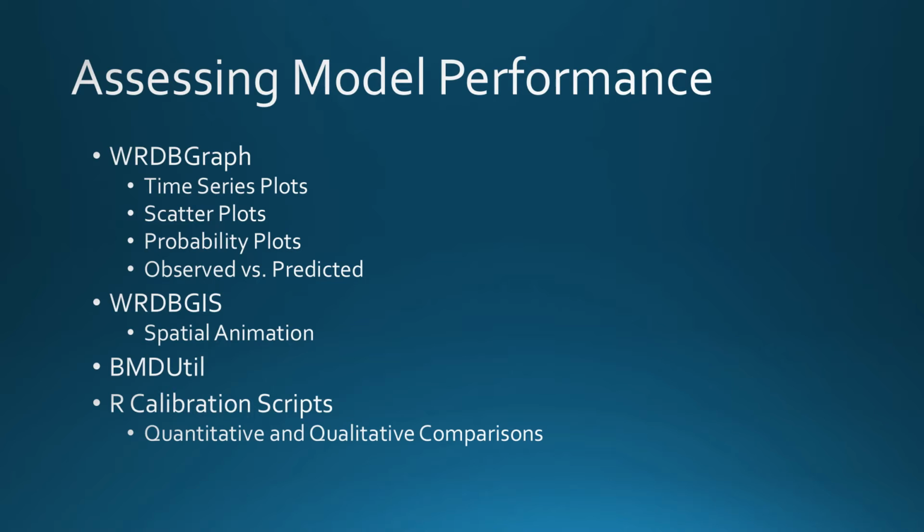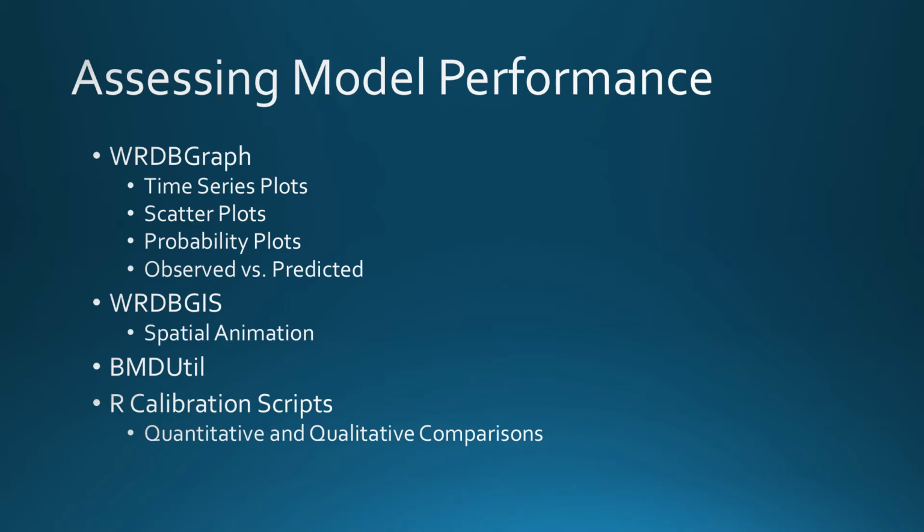We'll look at some spatial animation, which is kind of nice for showing complex systems so people can see everything as a whole. I'll talk real briefly about this utility that comes with WRDB called BMDO Util, which gives you access to a whole bunch of utility processes for manipulating BMD2 files, such as extract data to CSV files or R data frames, do aggregation, do calculations.